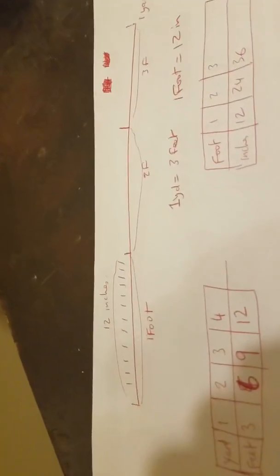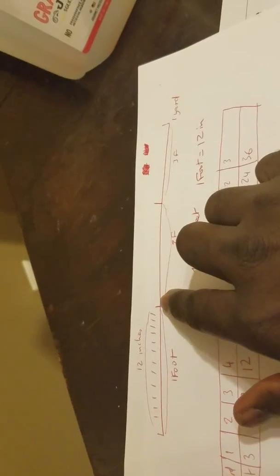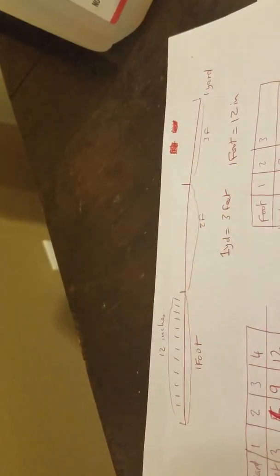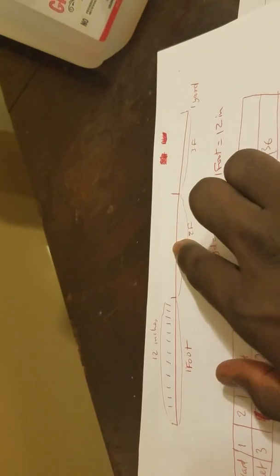I have a straight line here. 1 yard is 3 feet, right? 1 foot, 2 feet, 3 feet. 1 foot is 12 inches, so 1 yard will be 12 inches, 24 inches, and 36 inches, because 12 plus 12 plus 12. That's one way of looking at it.